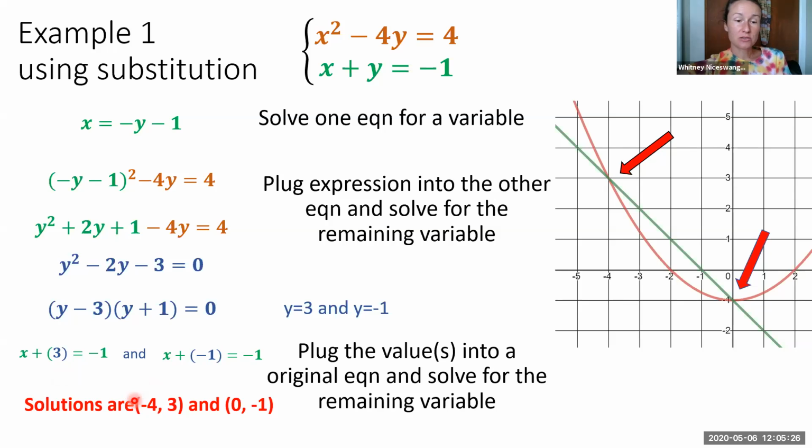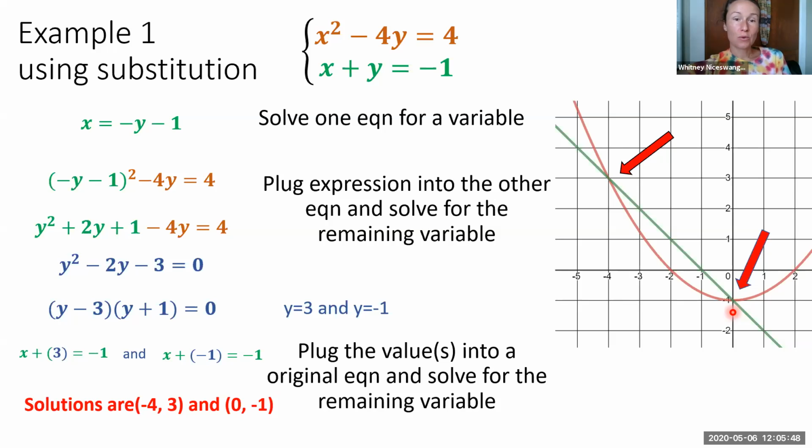So I know that one of my solutions is x is -4, y is 3. And the x value that pairs with y equals -1 is going to be 0, so that I know the other solution is 0, -1, okay? And when I look at my graph, I can see this is -4, 3, one of my solutions, and this is 0, -1, another one of my solutions.